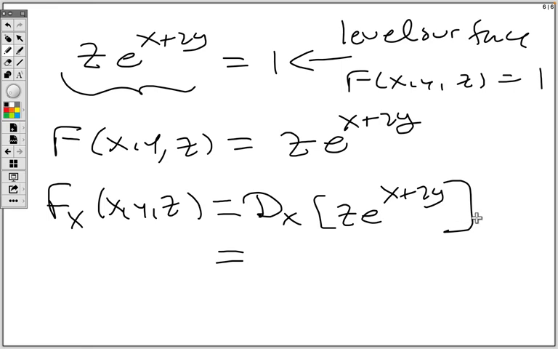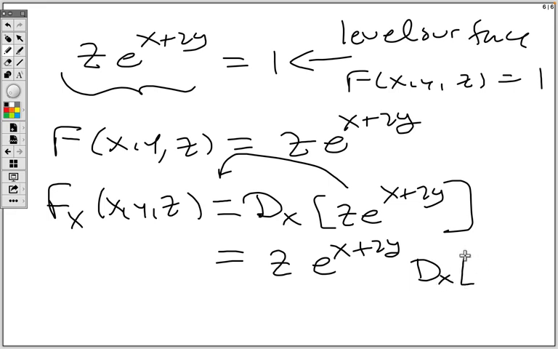So since z is a constant, I can move that out front. Now I'm taking the derivative of e to the something. The derivative of e to the something is e to that thing times the derivative of that thing. Once again, the derivative with respect to x. And the derivative with respect to x of x is just 1.